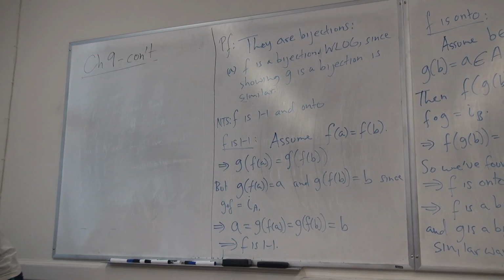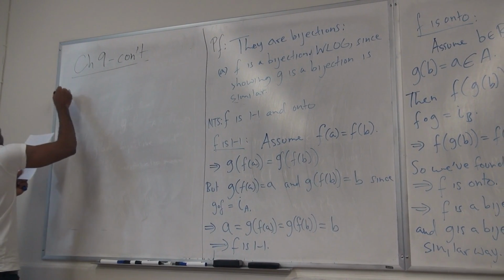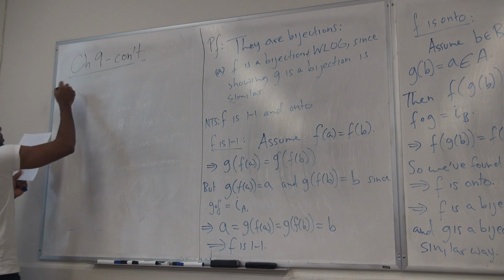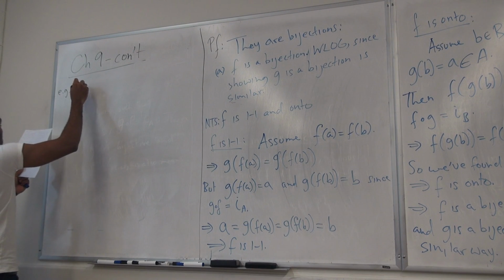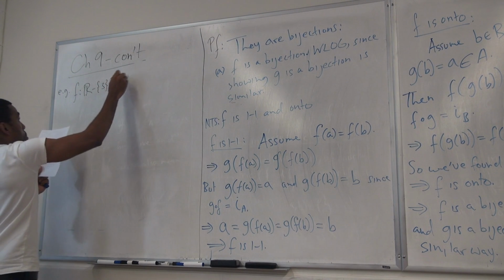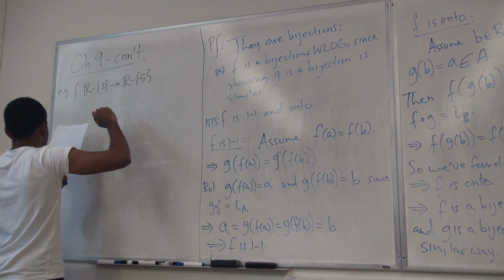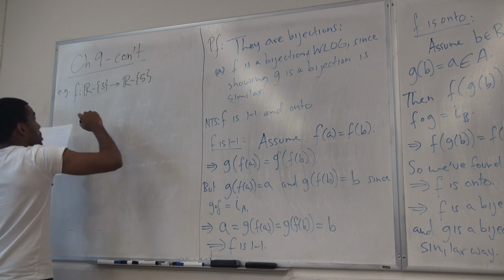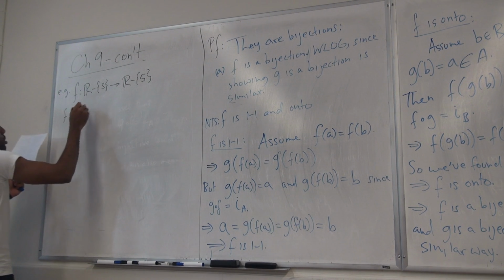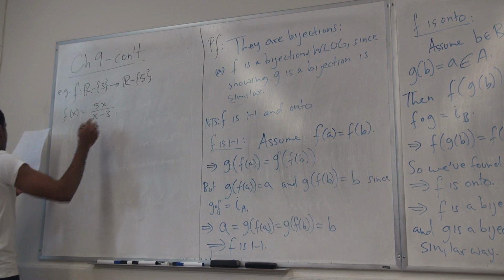Okay, so let's do another example. Let F go from R minus {3} to R minus {5}, defined by F of X equals 5X over X minus 3.